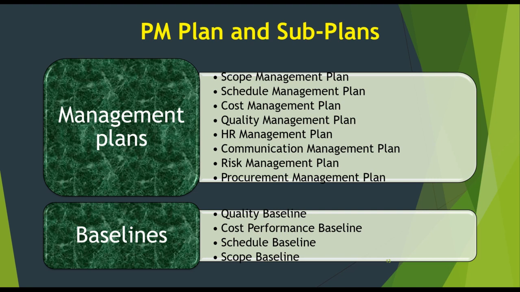The schedule management plan provides guidelines and sets expectations for project schedule policies and procedures for planning, developing, managing, executing and controlling the project schedule. Cost management plan: it outlines the project's estimation, allocation and control of cost for the required resources to complete all the project activities.